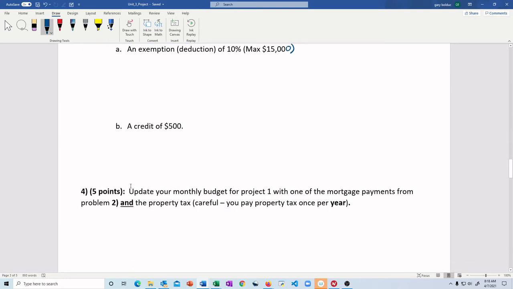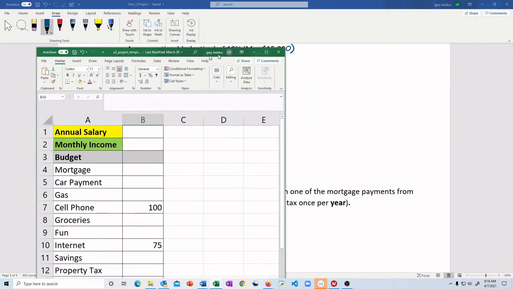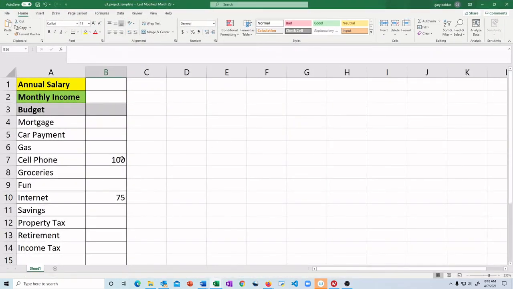Number 4, 5 basically free points. Take your monthly budget from Project 1, and you can use this template that I have here. So let me bring up this template that's added on here. Or you can add to the one you've already done in Project 1. That's fine. But here I see mortgage. Here I see property tax. Type in what you calculated. The property tax, you calculated one answer.